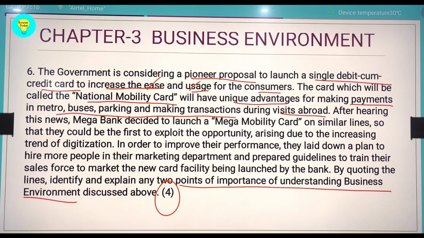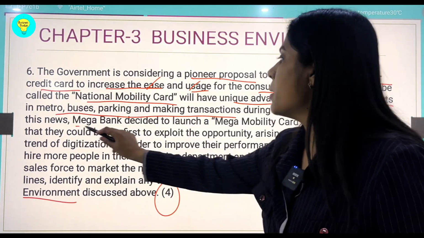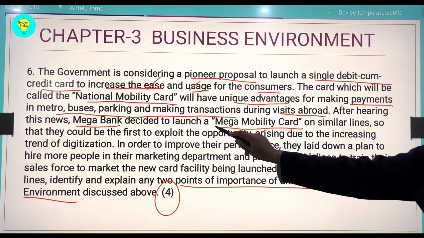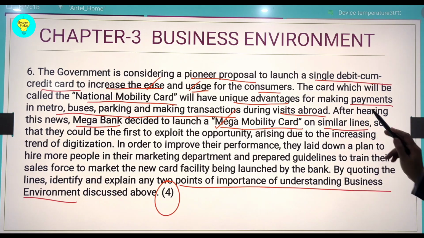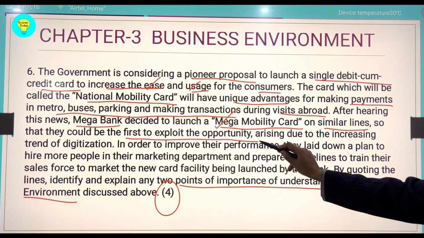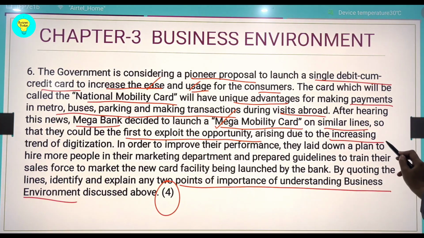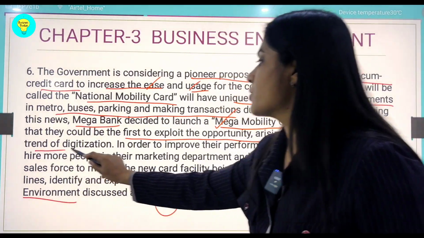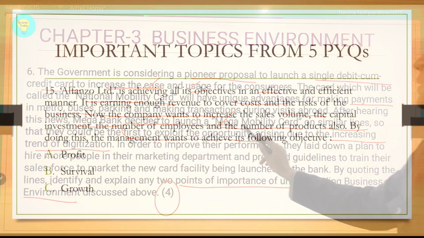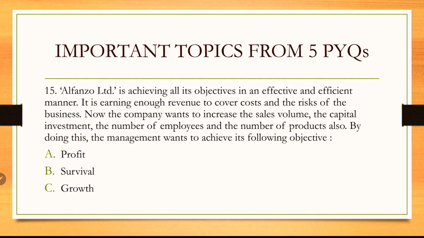So after hearing this news, one bank called Mega Bank also decided to launch a Mega Mobility Card on similar lines so that they could be the first to exploit the opportunity arising due to increasing trend of digitalization. These are the key words, students. First, to exploit the opportunity, and increasing trend of digitalization. These words clearly point towards 2 of the importance.